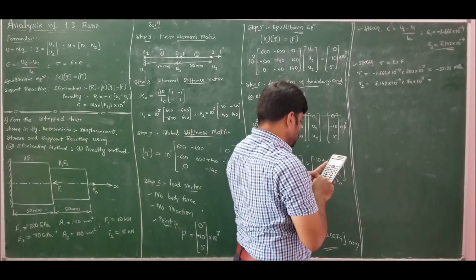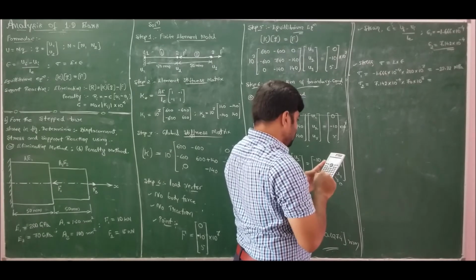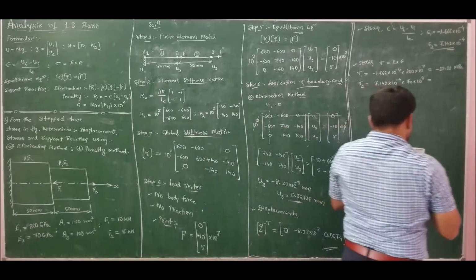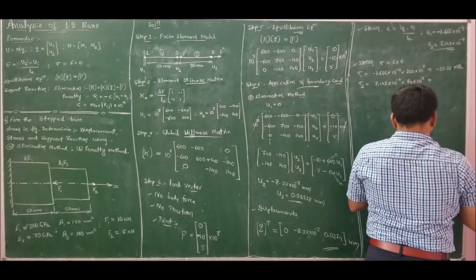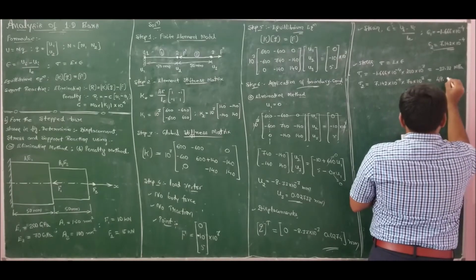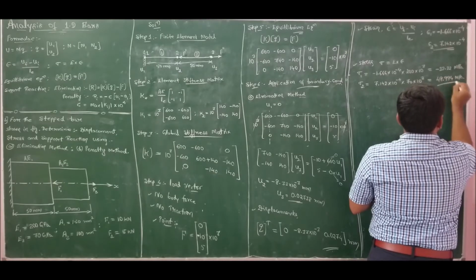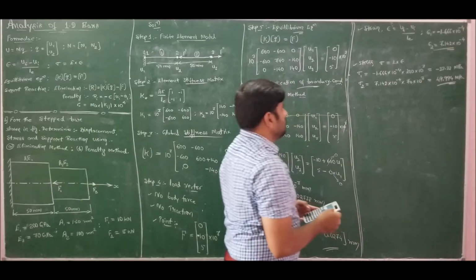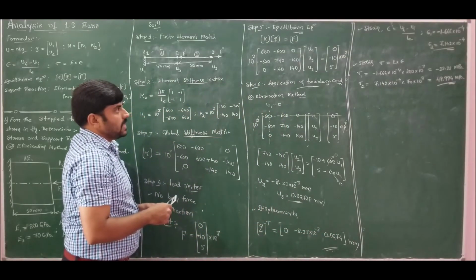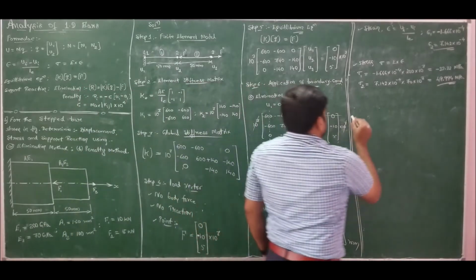And sigma 2 is 7.142 times 10 to the power of minus 4 into 70 times 10 to the power of plus 3, which is nothing but 49.994 megapascals, approximately 50 megapascals, is the stress in element 2, whereas stress in element 1 is minus 33.32 megapascals.